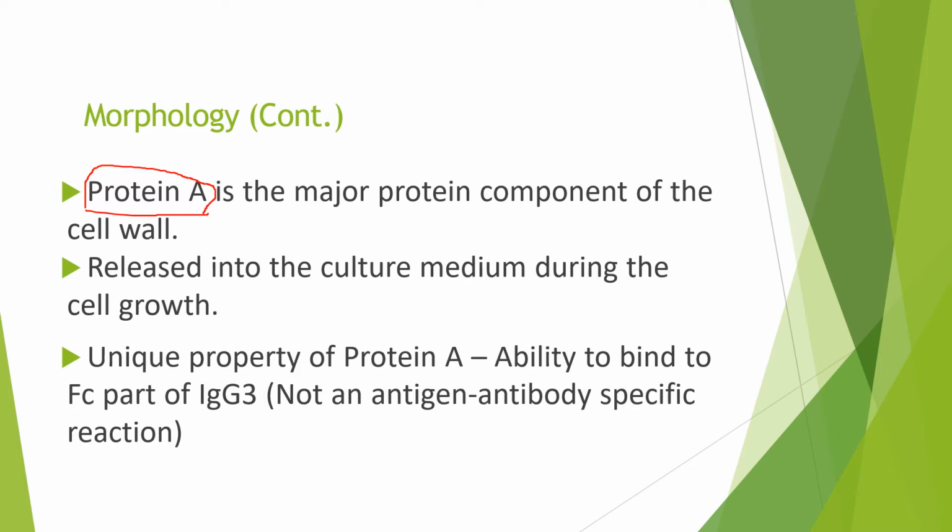So staphylococci attach to the Fc part of IgG. IgG means it is an antibody. Even though protein A is an antigen and IgG is an antibody and they combine, this is not a specific reaction. It is a pseudo reaction. We will study protein A in detail in the coming slide.